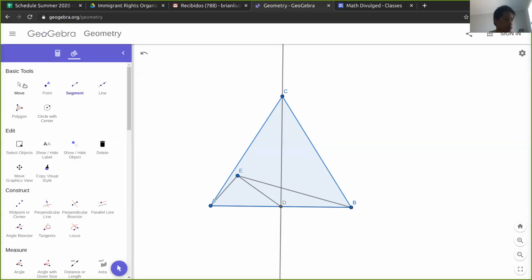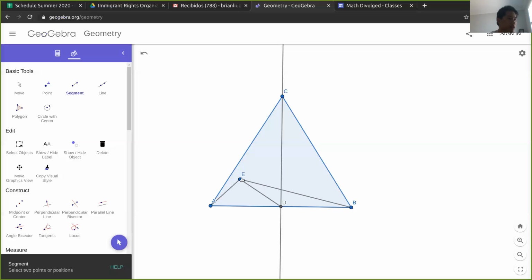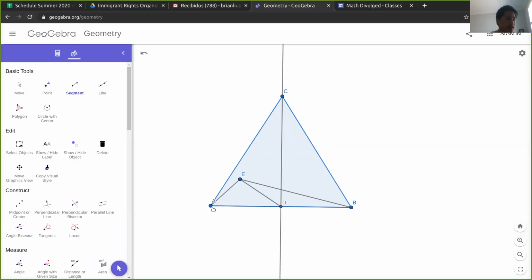It probably doesn't look like it. So some point E, so that EAD is equal to EBC, those two angles. And then what we want to show is that angle AED is equal to angle BEC.